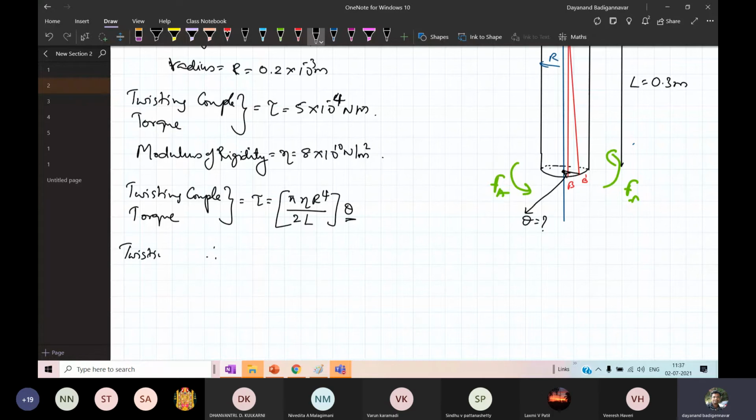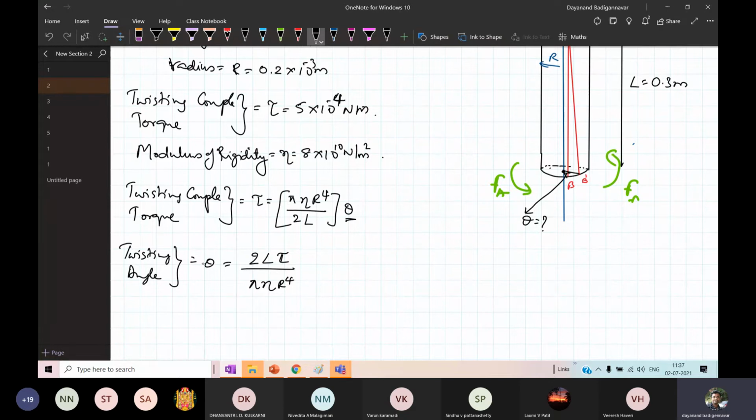Theta is equal to 2L into tau divided by pi eta r raised to 4.